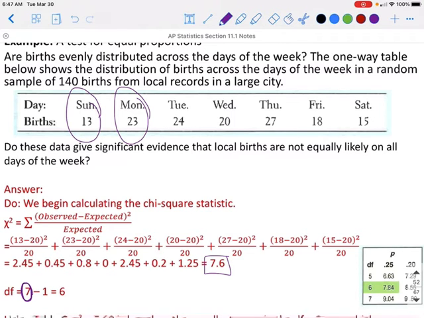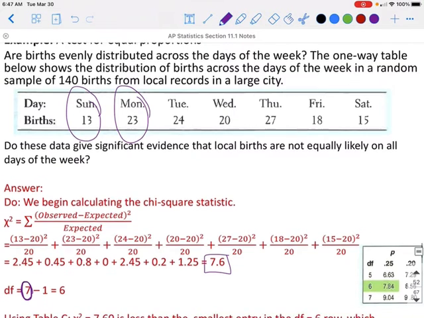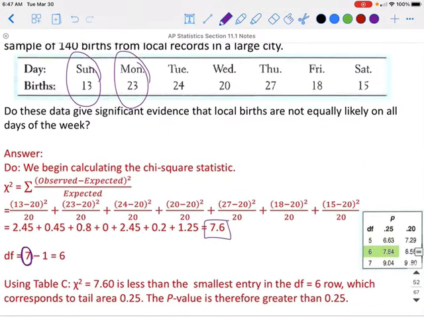If you go to Table C, or your chi-square table, you go to degrees of freedom of 6, and go over until you find where 7.6 would lie. 7.6 would actually fall before we get to 0.25, so it's larger than 0.25. So the p-value is therefore greater than 0.25.